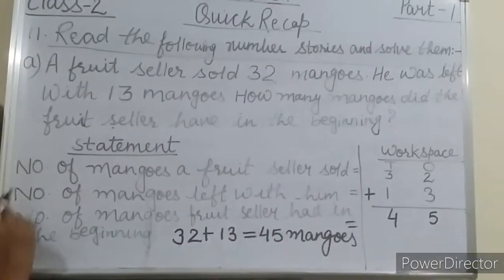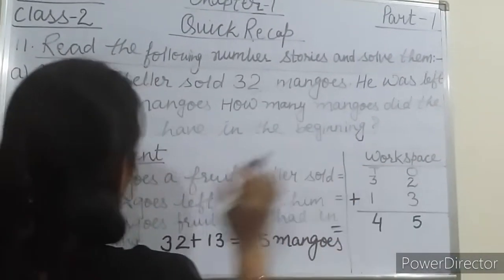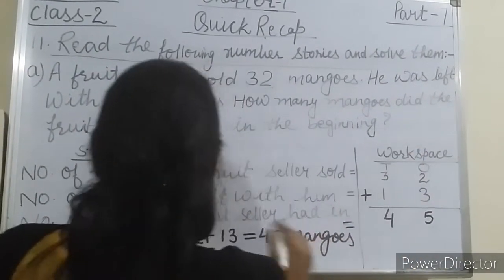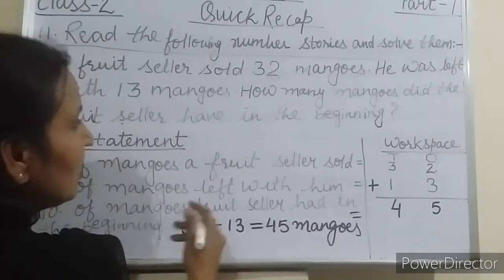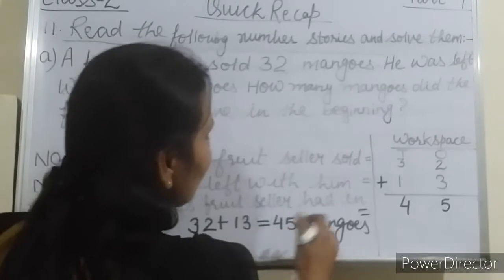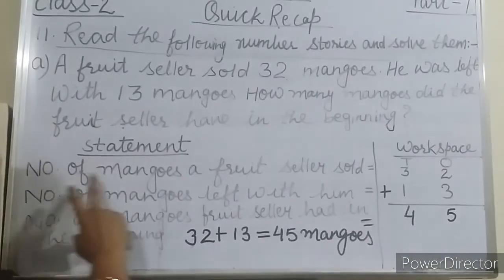So students, written: number of mangoes a fruit seller sold 32, number of mangoes left with him 13, number of mangoes fruit seller had in the beginning. 32 plus 13 is equal to 45 mangoes. Understood students?